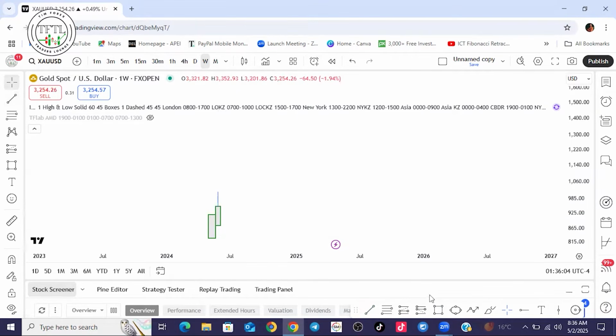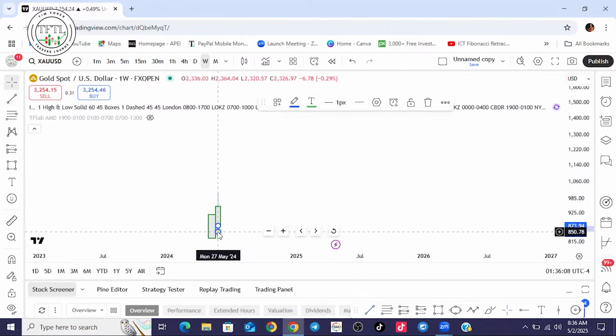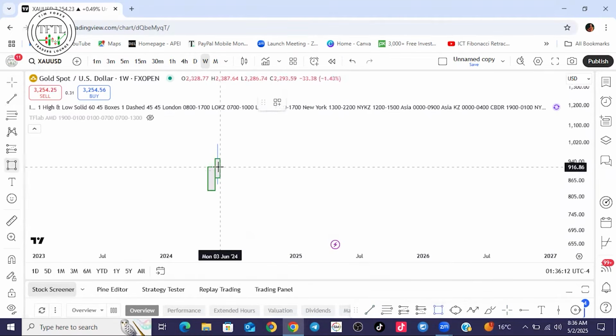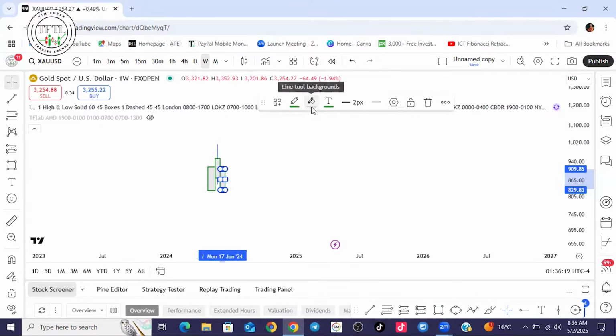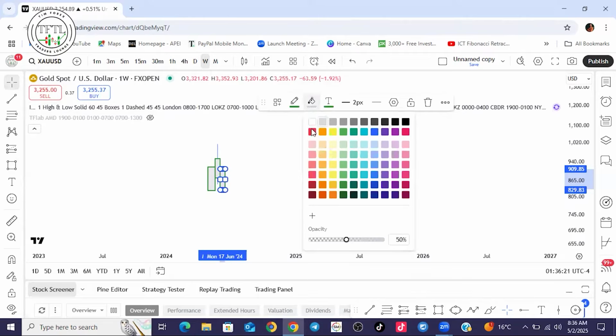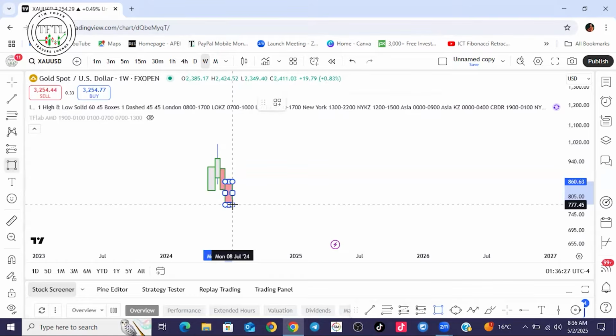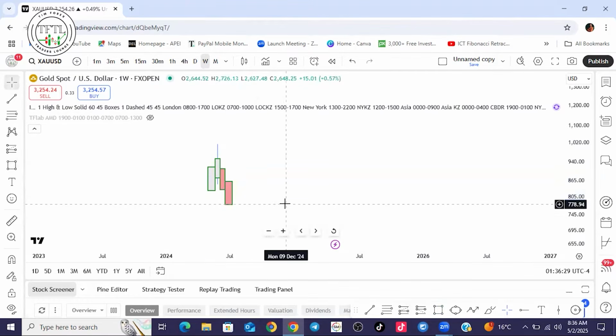That is the upper wick, and this is the lower wick. And then we start entering a bearish trajectory. I will shade the bearish ones red.